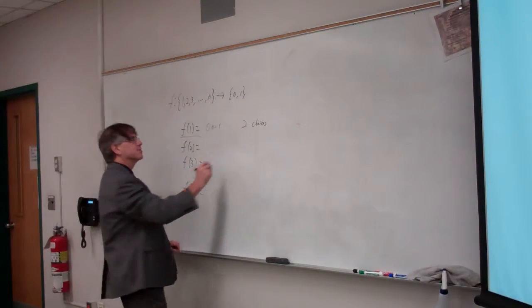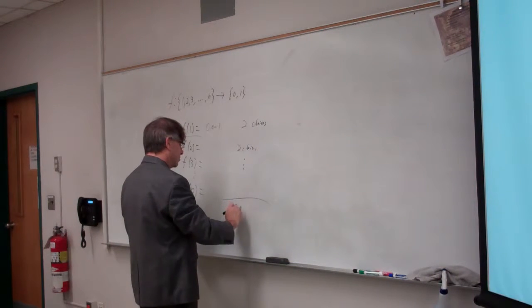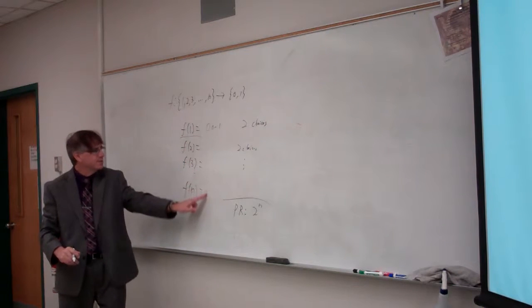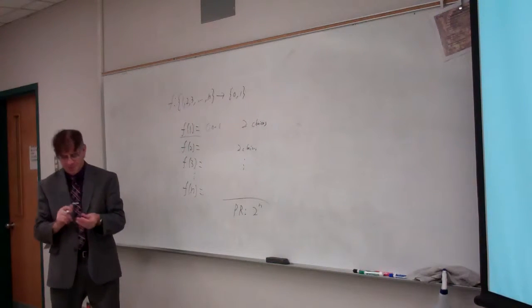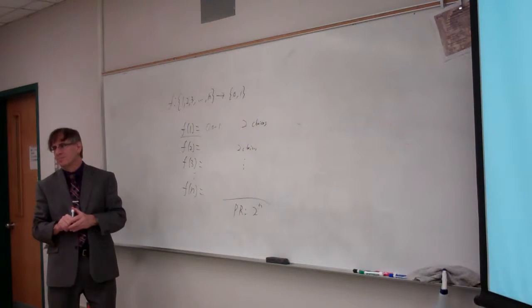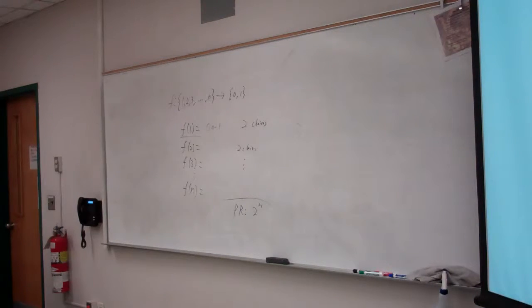And I've got 2 choices, yes. So the product rule, total of 2 to the n ways that I can fill in the right side of these, and once I've done that, that's a unique function. It's basically question 2 part A, just differently phrased. Yeah. I can't believe I didn't spot that.